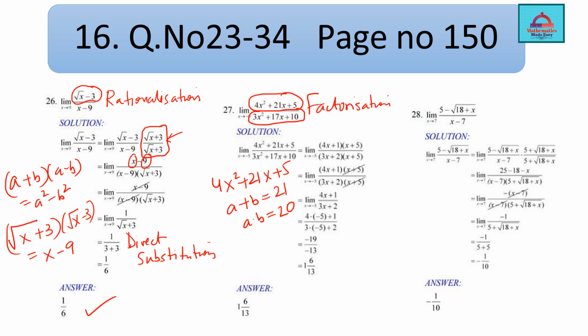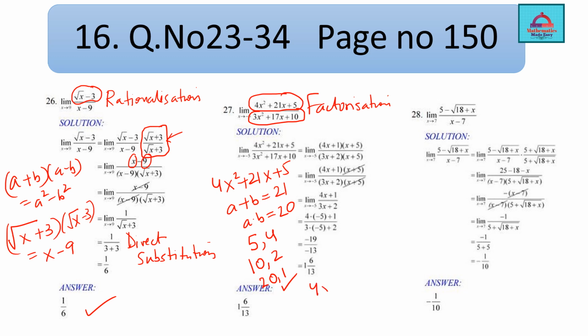So you can take either 5 and 4. 5 multiplied with 4 is 20, 5 plus 4 is 9, so it will not work. Let's take some other numbers. 10 and 2, product is 20, when you add it is 12, again it will not work. Let's take 20 and 1, yes it will work, when you add it you get this.